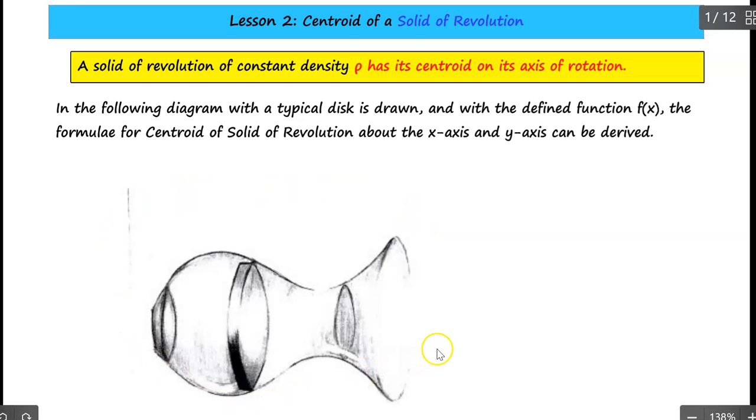I am going to find the centroid for this solid, but in order to do that, I'm going to project it onto a Cartesian plane. Let me draw the x and y axis so that I can demonstrate how important it is that you identify and place the solid on a certain axis of rotation.